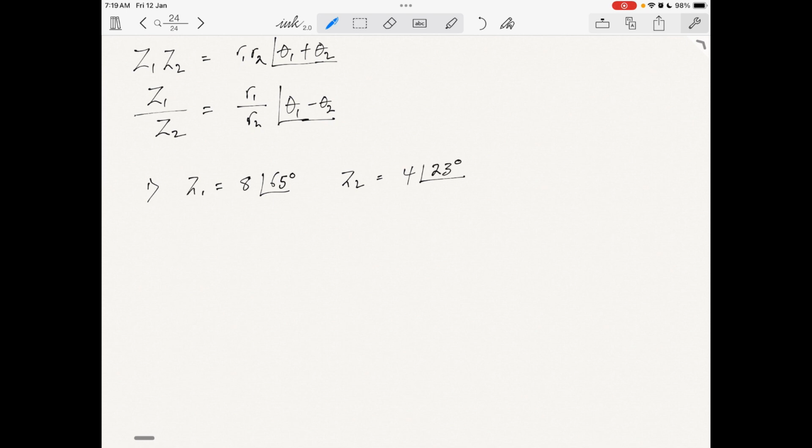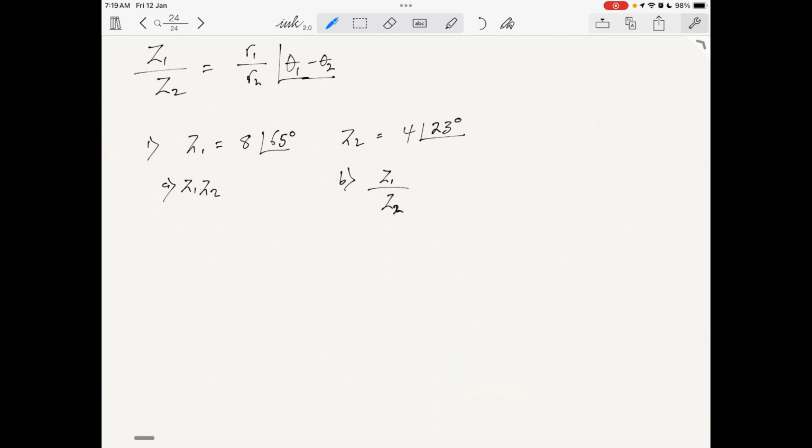We are asked to find z1 z2 and z1 divided by z2. Z1 is 8 argument 65 degrees, so 8 is r1 and 65 is theta 1.